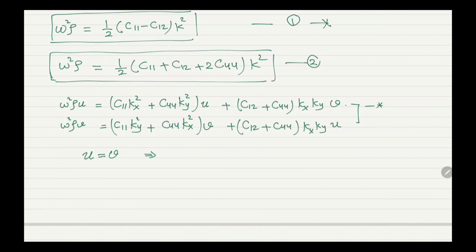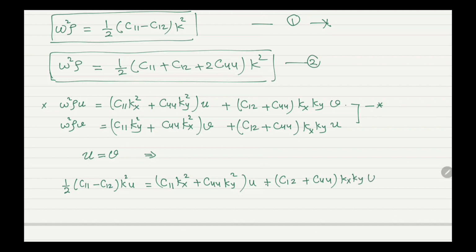If we substitute this in the first one, you will see that omega square rho, equal to half C11 minus C12 k square times u, if you apply this in the first one, is equal to C11 kx square plus C44 ky square times u plus C12 plus C44 kx ky v.